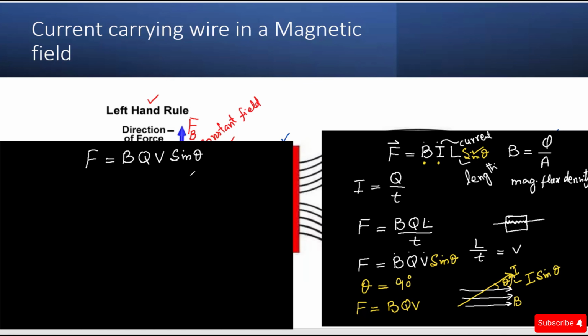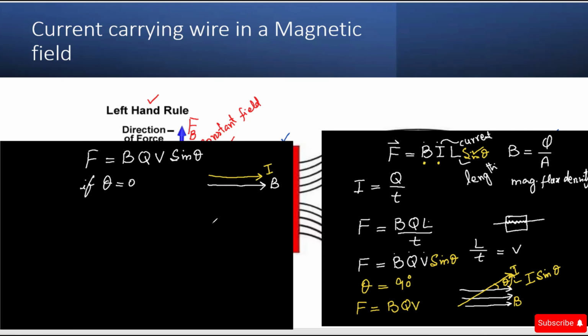Here there is a very interesting thing that we need to understand. For an example, if this theta is equal to 0, what does this mean? This means that the magnetic field direction is like this and the current is flowing parallel to the magnetic field.